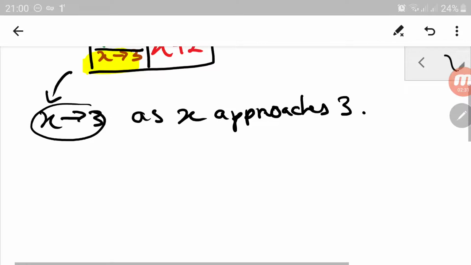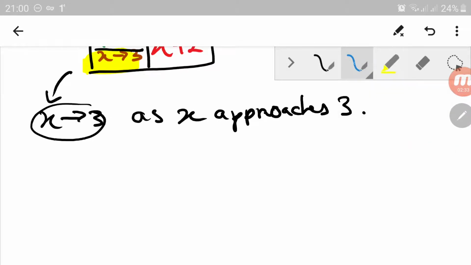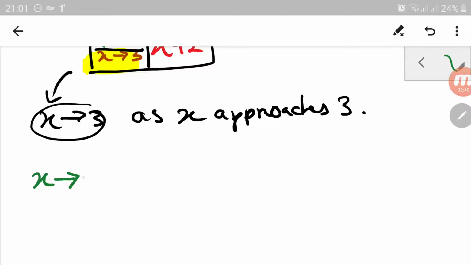Now how to write x approaches 3 from the right? Simple. X approaches 3 from the right. That is the way of writing it.